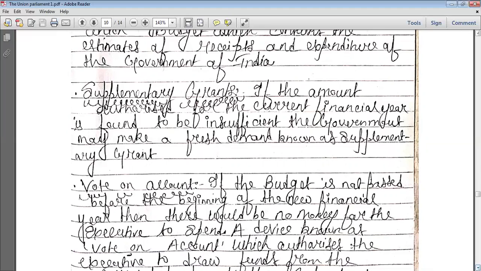Unless the government is able to give loans to the people with the help of RBI, it is not possible to run the country. Like that, that is a supplementary grant. Whenever the situation is going worse, whenever the government knows that it is not possible to run the country, the amount is insufficient, then the government can demand more grant from the higher authority.